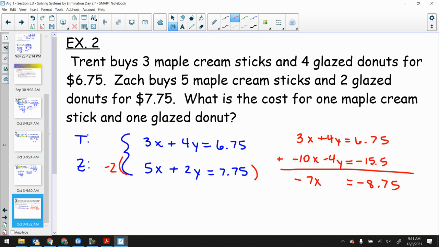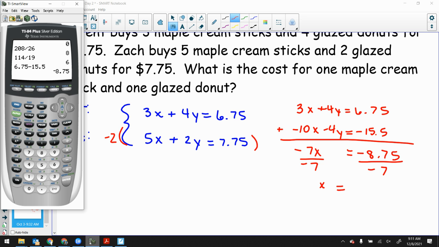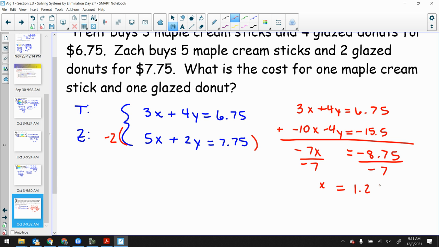We divide by -7. So x is equal to $1.25. That means each cream stick was $1.25.